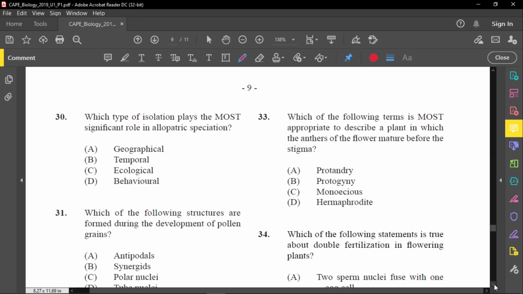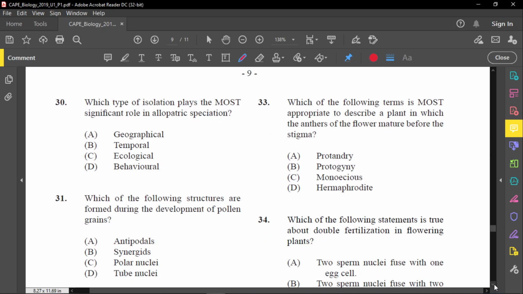All right, question number 30. I'm going a little bit fast so I can finish this. Question number 30 says, which type of isolation plays the most significant role in allopatric speciation? Now, when you talk about allopatric speciation, you're talking about a barrier that's separating them based on their location.